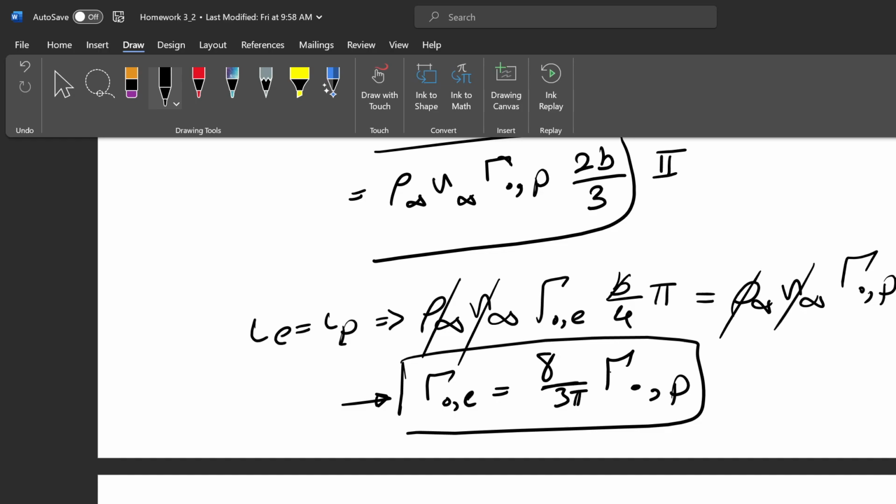The second part of the problem is asking us to calculate the two downwashes and find the relationship between them. So essentially, we want to take the ratio between the two downwashes.